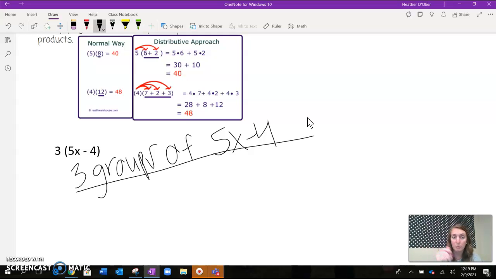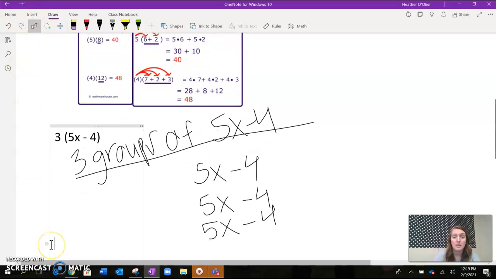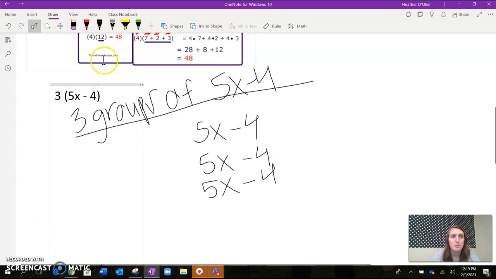So if I'm doing that group 3 times, I have 5x minus 4, 5x minus 4, and 5x minus 4. I have 3 groups of that. Now I can combine these.